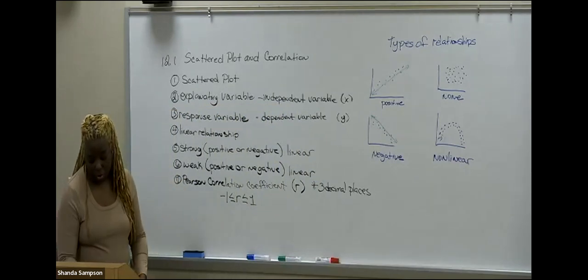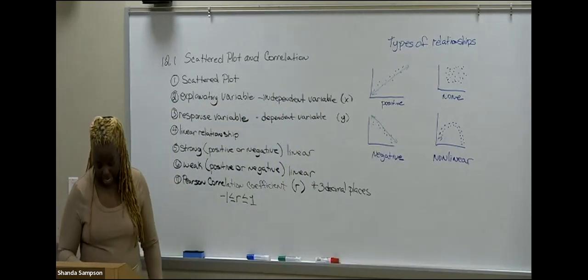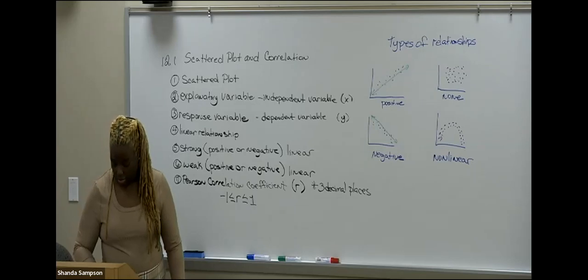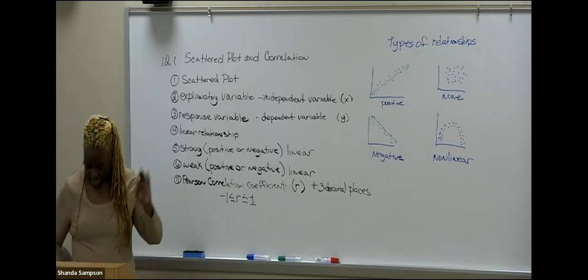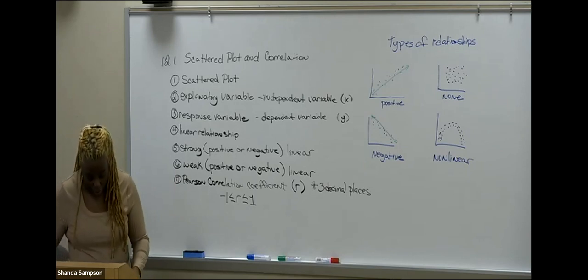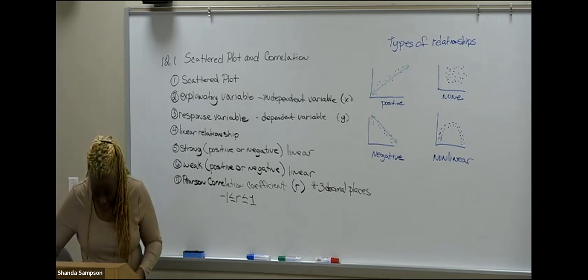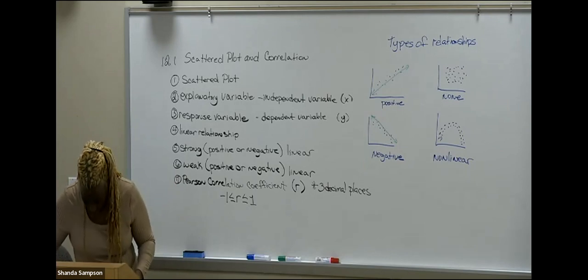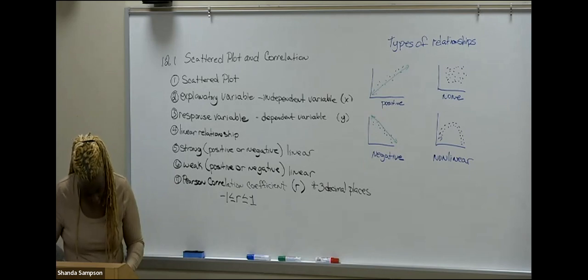I'm going through that because in the book it says R alpha. Somebody had asked me earlier why it says the absolute value of R is less than or equal to R alpha, I believe is the terminology in this textbook. I always get my textbooks confused.